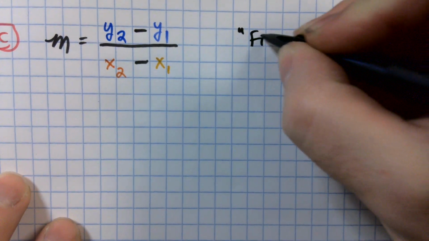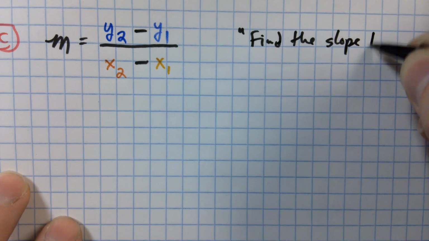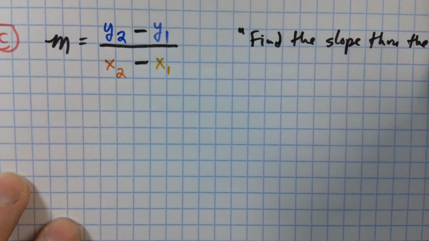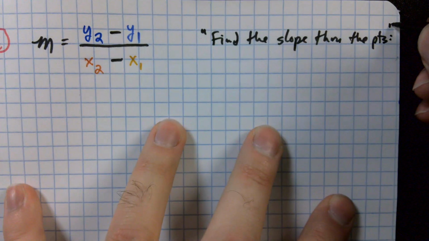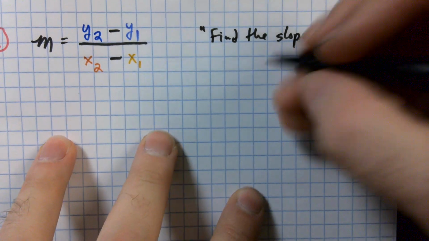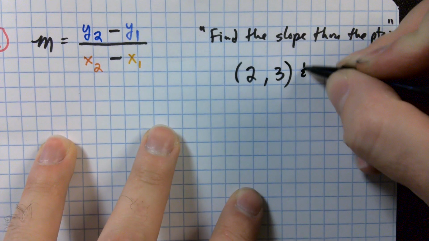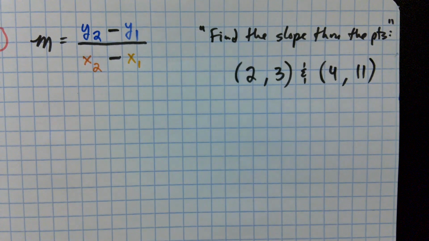And let's say I'm going to find the slope through the points 2, 3 and 4, 11.